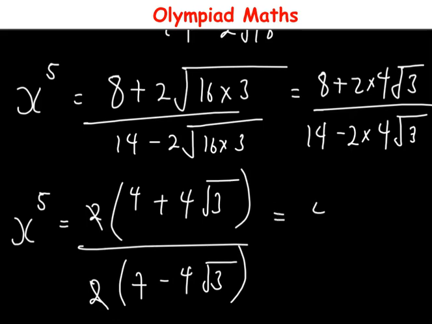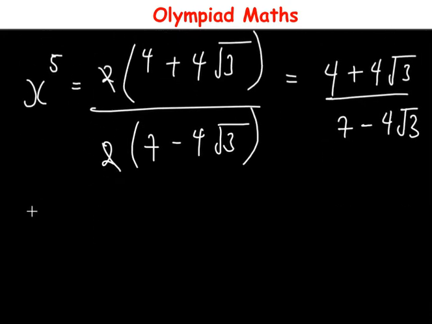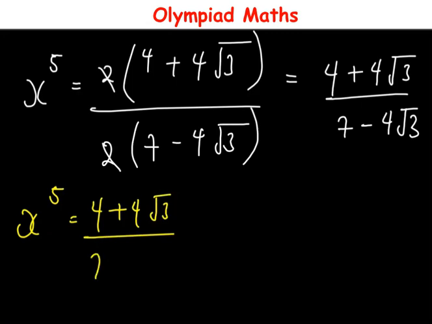This equals 4 plus 4 root 3 divided by 7 minus 4 root 3. So writing this down here, we have x raised to power 5 equals 4 plus 4 root 3 over 7 minus 4 root 3.